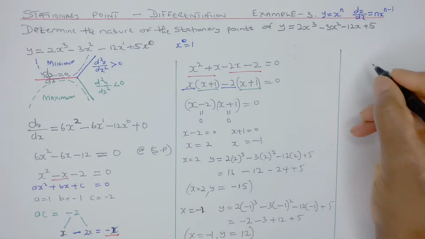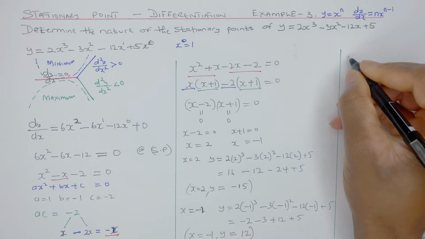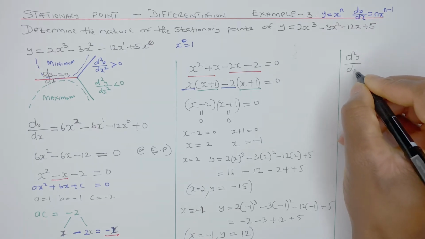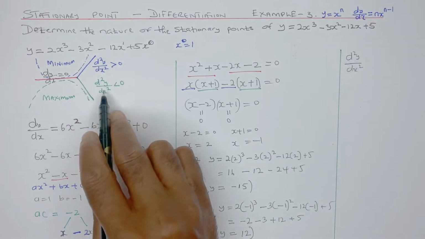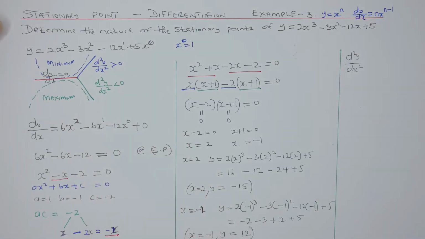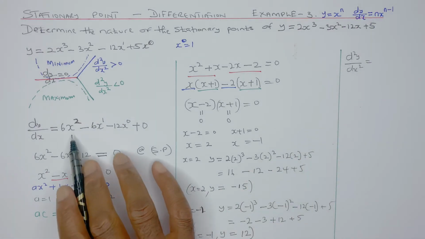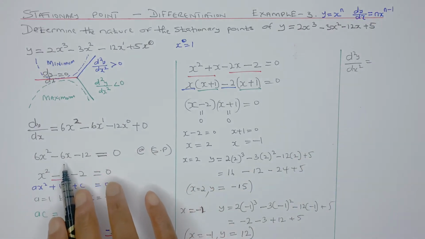Now we need to find d²y/dx². So we need to determine which is maximum and which is minimum. If we differentiate twice, that's the first differentiation.